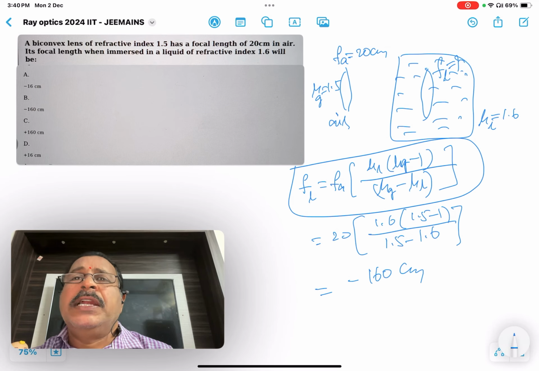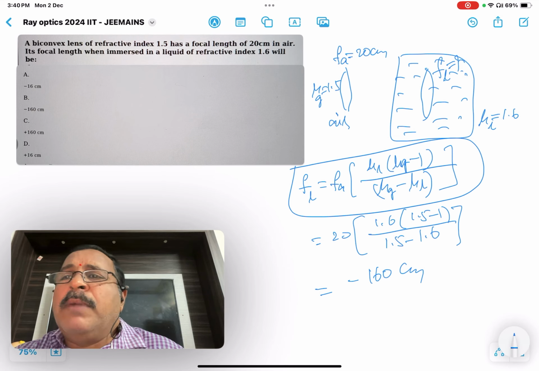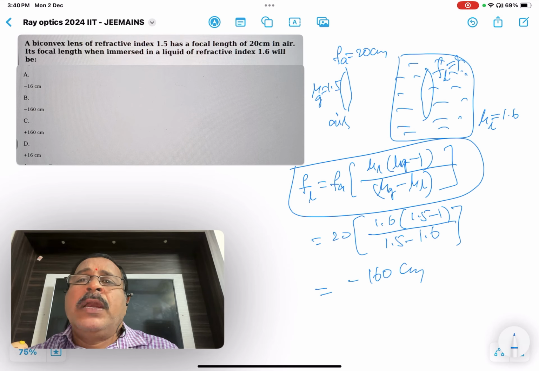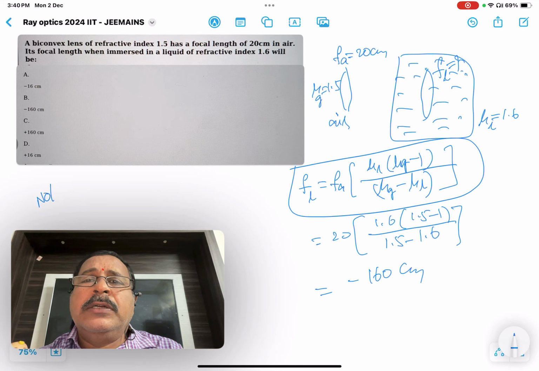My dear students, it's a very simple formula to recognize. Whenever a lens is immersed in a liquid, its new focal length becomes this formula. Now, in this academic year 2025, I am expecting this model.